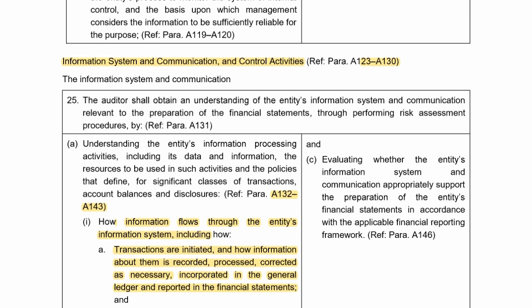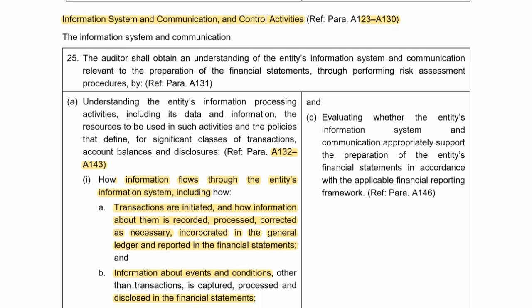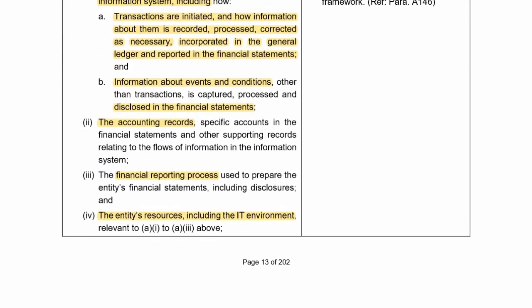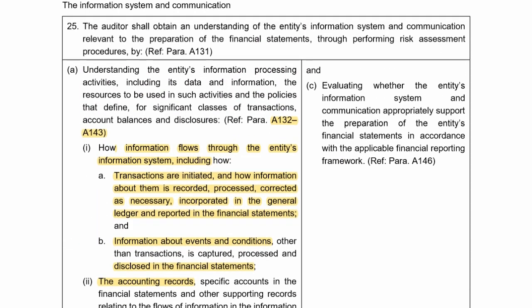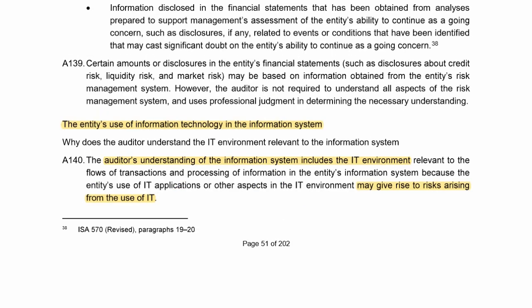So under the information system, it said you needed to understand the entity's resources, including the IT environment. Okay, and so A140 to A143 is going to give you a little bit more information about the information system. So let's go there.